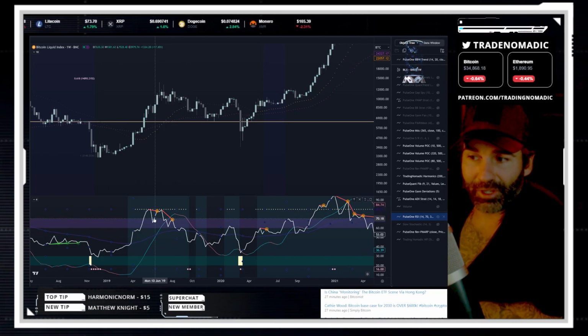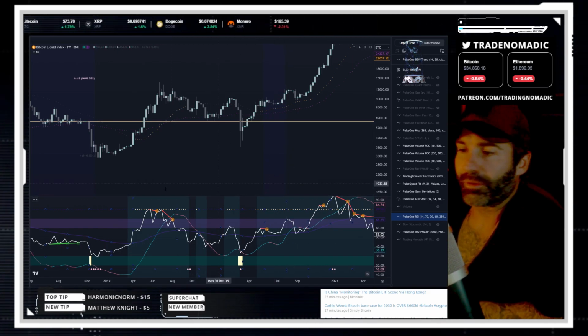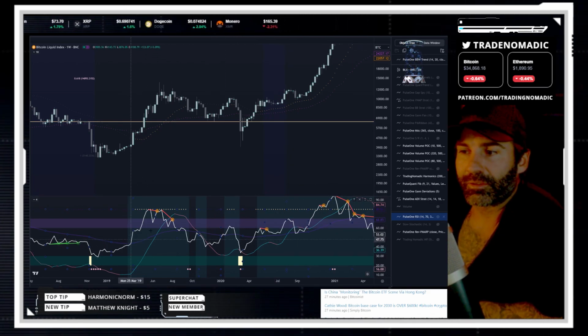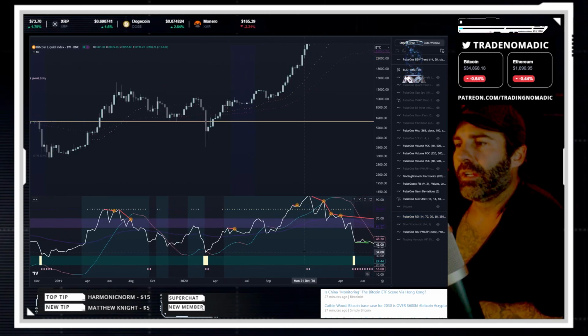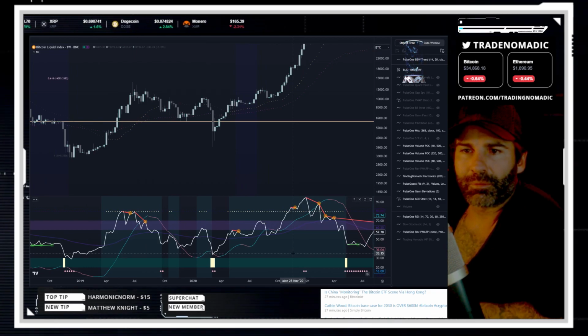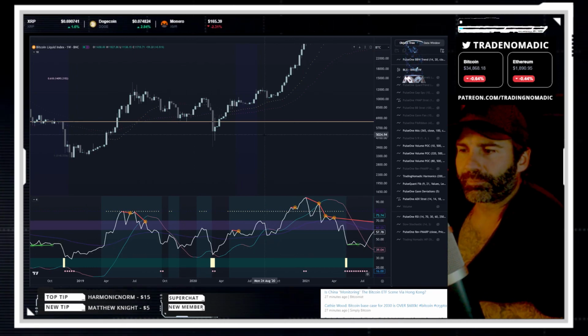You could take off the RSI. You can put them both on there if you wanted. You can have the stochastic and the money flow all at once. You could do whatever you want with it, whatever works best, whatever fits your strategy.